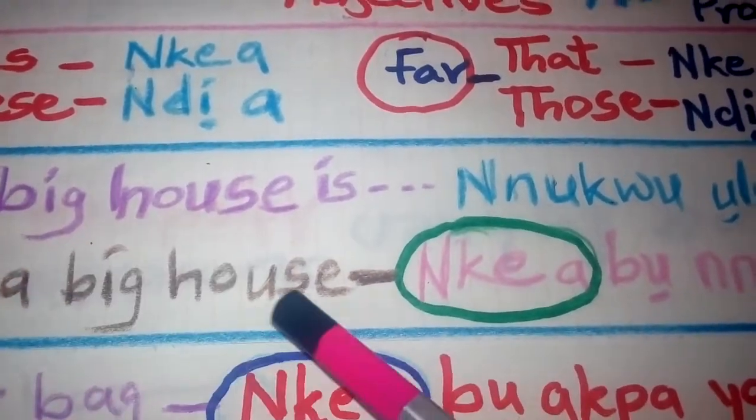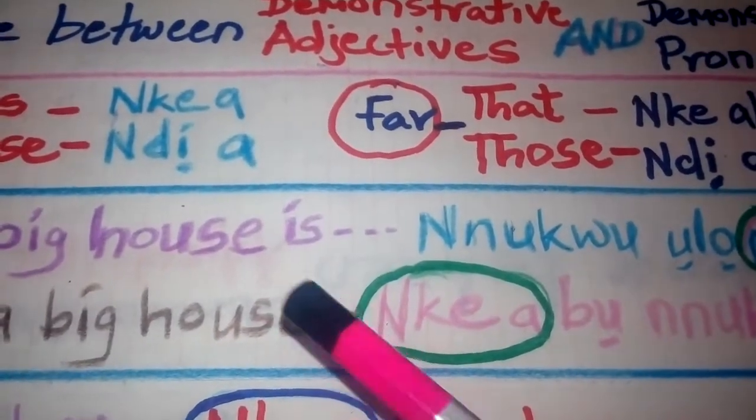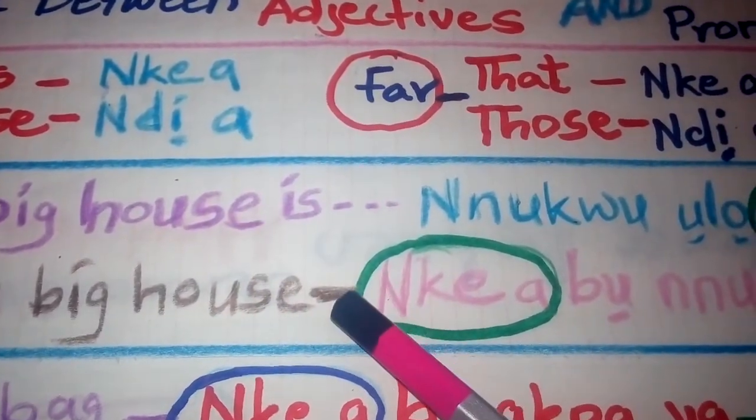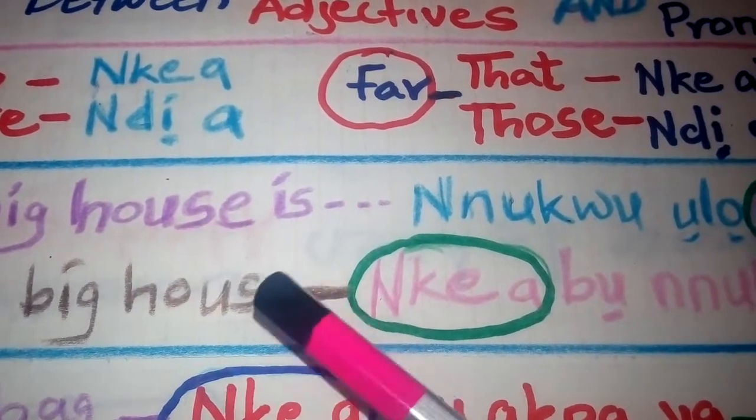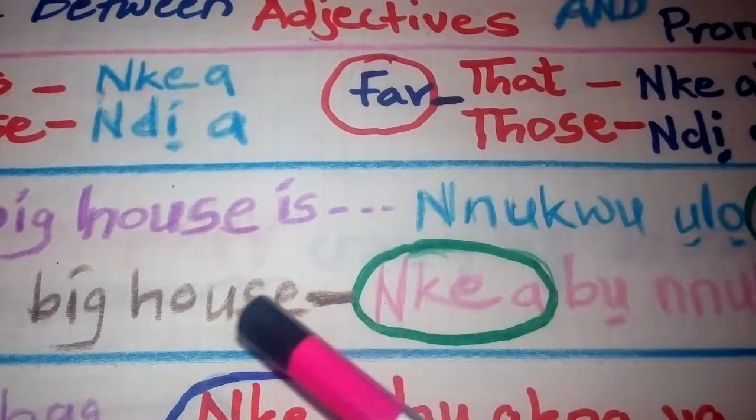So remember that demonstrative adjectives are also called determiners.